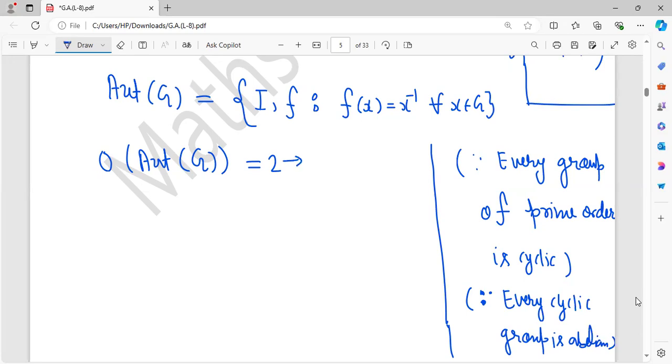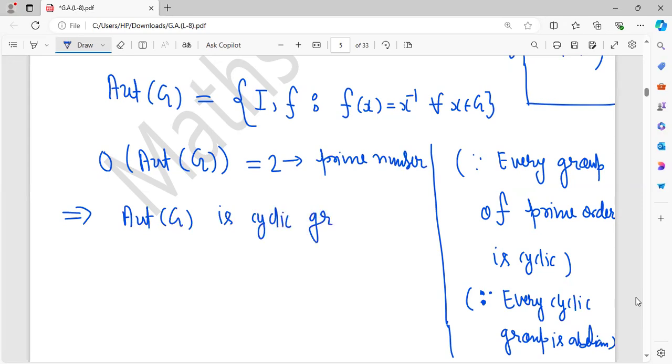So this is a prime number, and we know that a group of prime order is cyclic. So this implies Aut(G) is cyclic, and a cyclic group is abelian. So this implies the automorphism group of G is abelian.